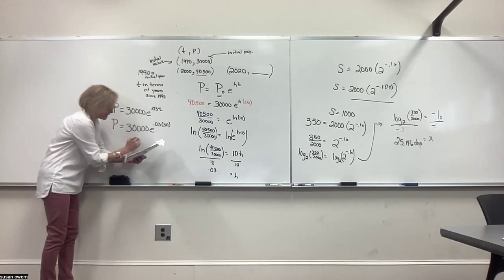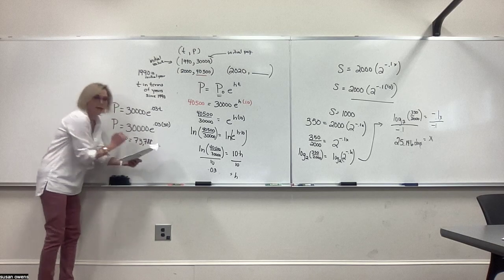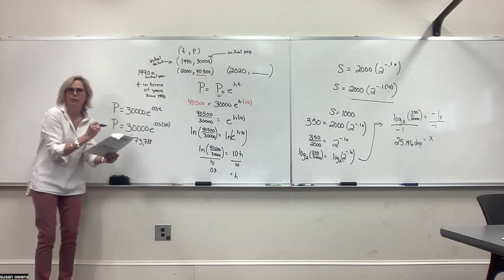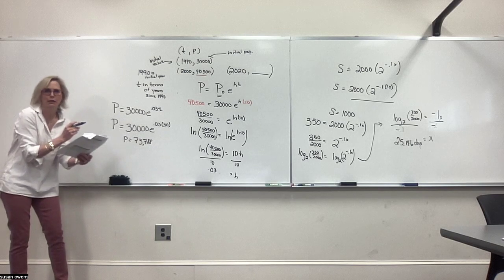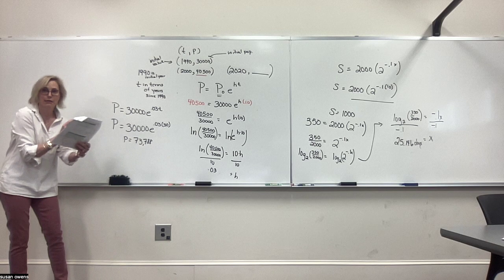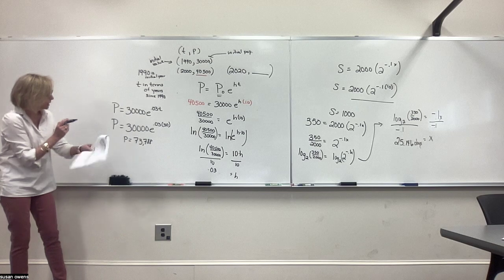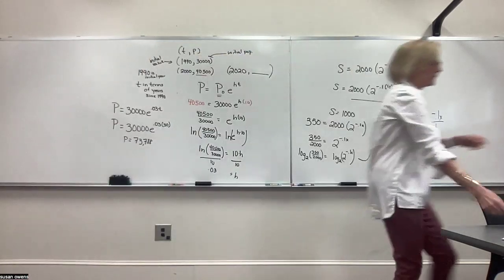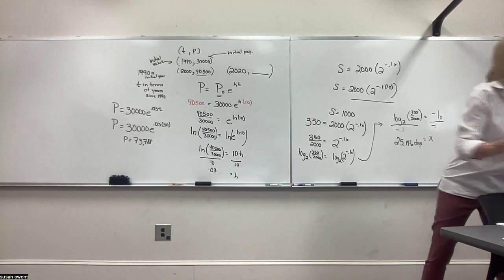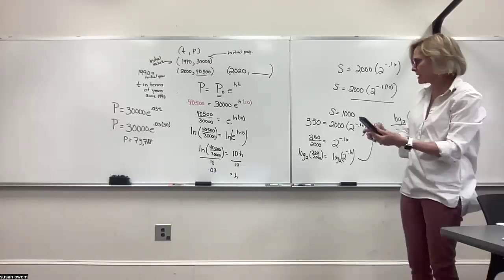I got 73,788.09. Yeah? No? Why'd you scrunch your eyebrows in? Oh, God. Make sure you keep that 30 in the exponent there.